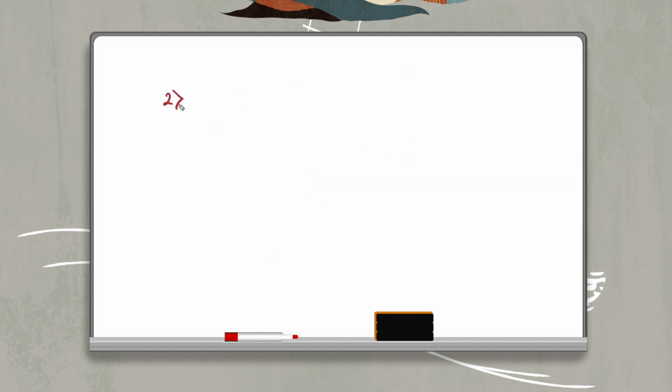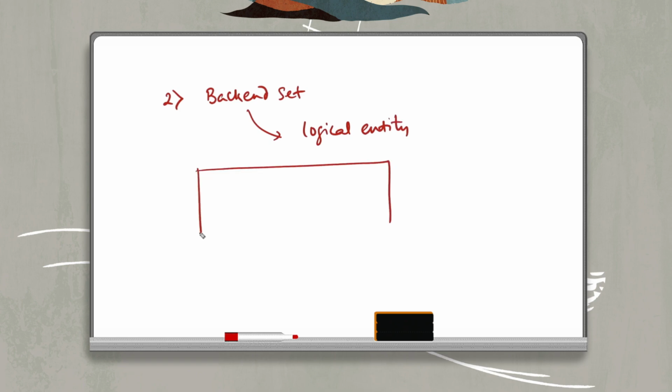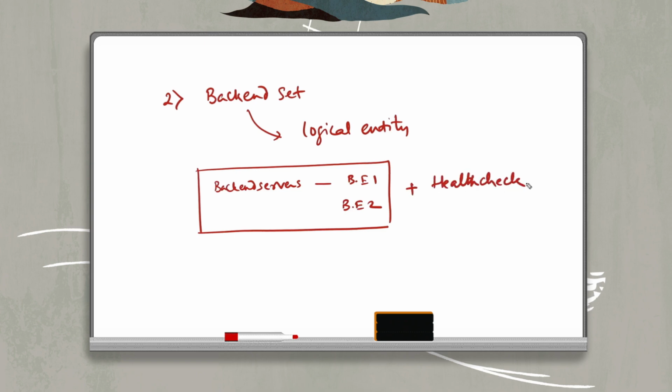Now, the second component is backend set. Backend set is a logical entity, and you can think of it like a list of backend servers. For example, backend server 1, backend server 2, and along with the backend servers, the health check policy as well as the load balancing policy are also included.